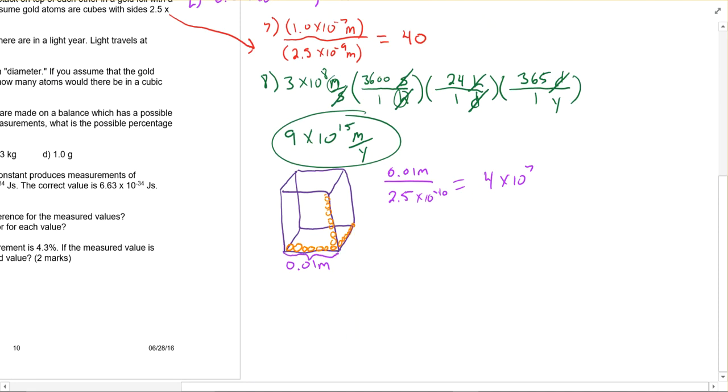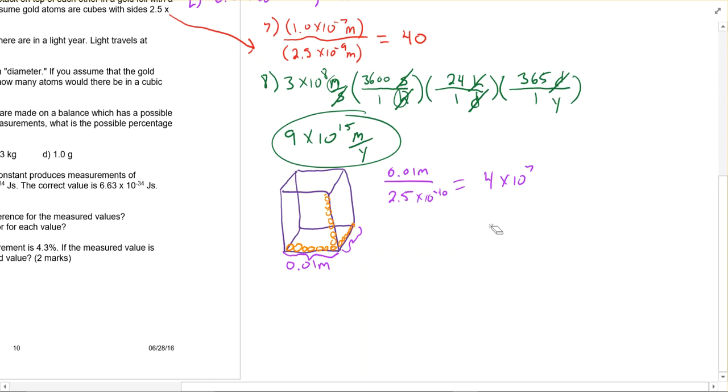So 4 times 10 to the 7. And there's going to be 4 times 10 to the 7 this way and also up. So all I have to do now is go 4 times 10 to the 7 cubed, just to the power of 3. Actually, I shouldn't have done that, just to confuse you guys. So let's say that's what we had first.